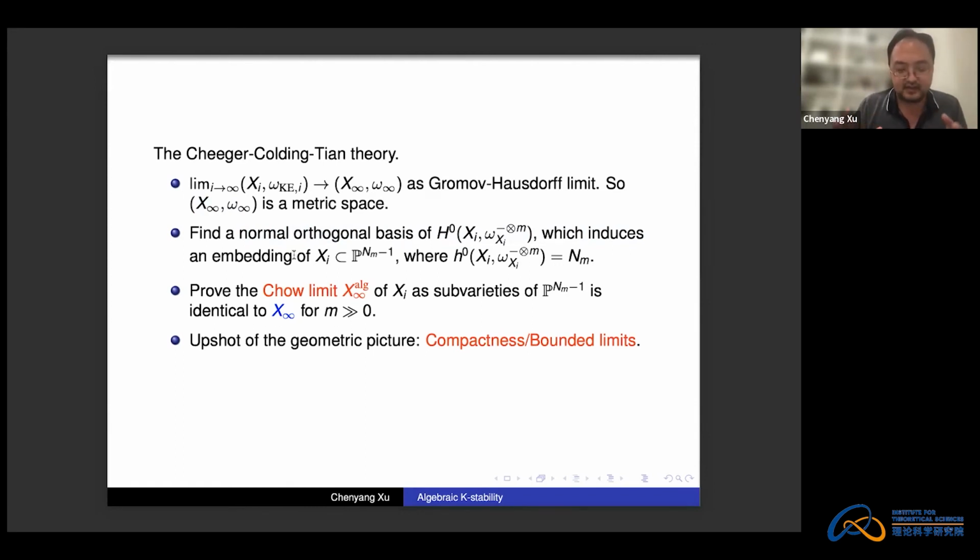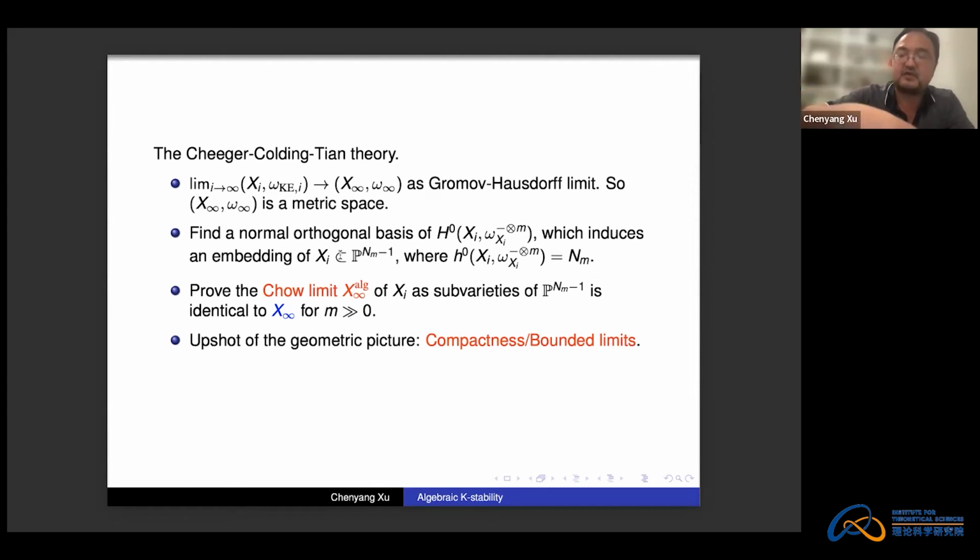It's not in PGL. So in other words, the difference is contained in some compact group. And now for every X_i, I get a point inside this Chow variety, or let's say Hilbert scheme. And when you choose different bases, this point might move, but it's moved by only a compact group.